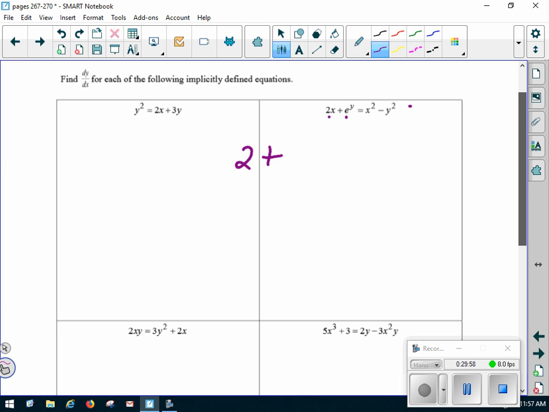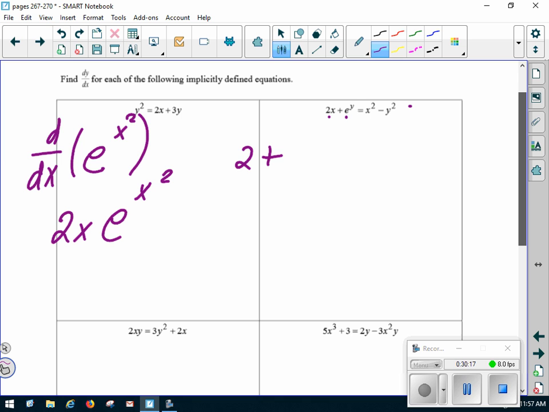Okay, let's remember. How do you take the derivative with respect to x of e to the x squared? It's this times the derivative of this. So, what's the derivative of that?